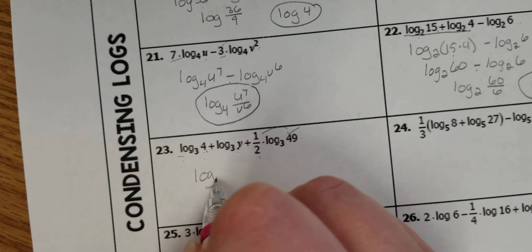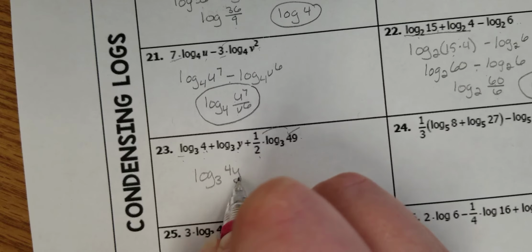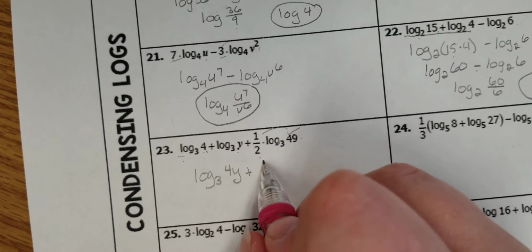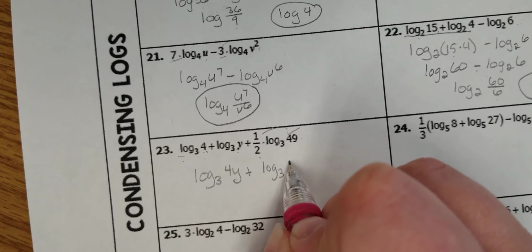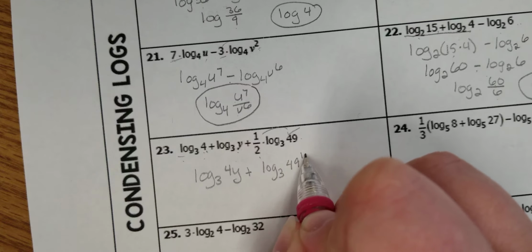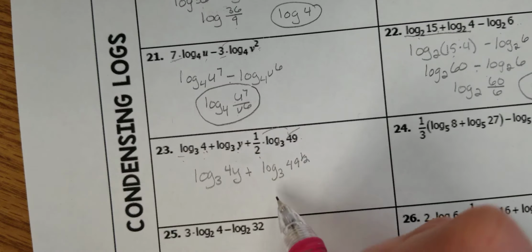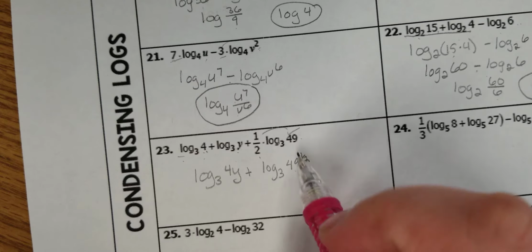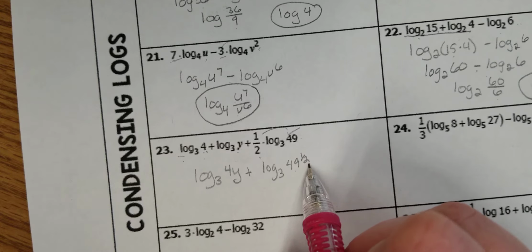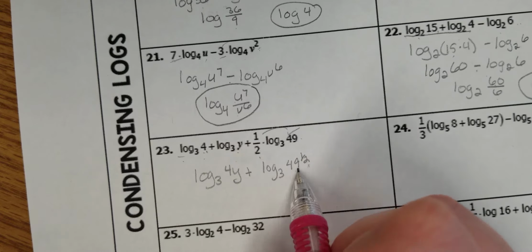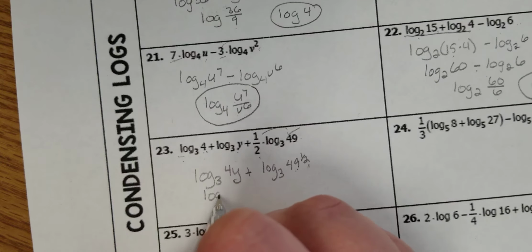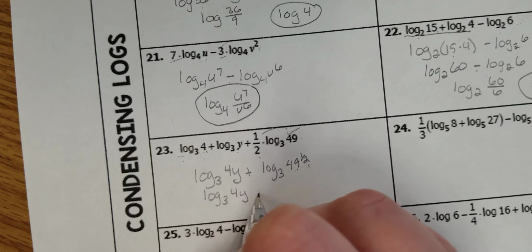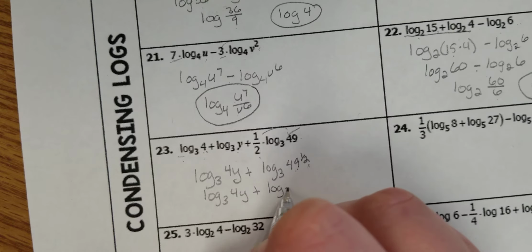So we have log base 3 of 4y plus log base 3 of 49 to the 1/2 power. Now briefly, we talked about the 1/2 power in the last set of notes. So the 1/2 power is the square root. So now the square root of 49 is 7. So it becomes log base 3 of 4y plus log base 3 of 7.